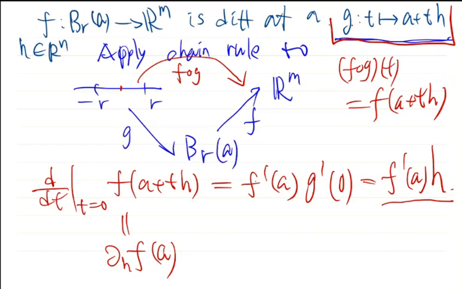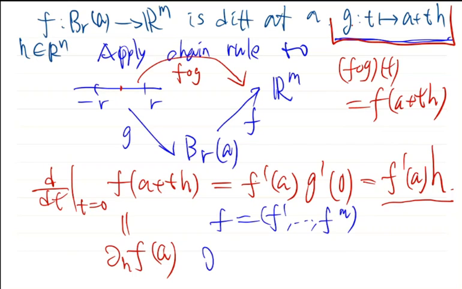But now our f is a vector-valued function. So what's the directional derivative of f at a in the direction of h? It is easy. f is a vector-valued function. It has m components. The components of f are real-valued functions.